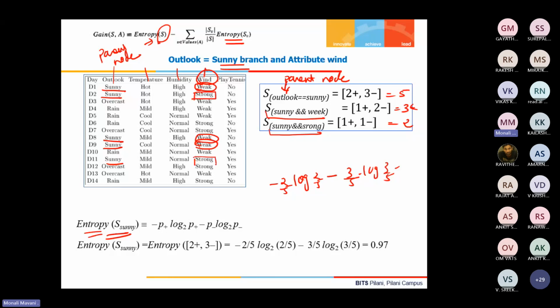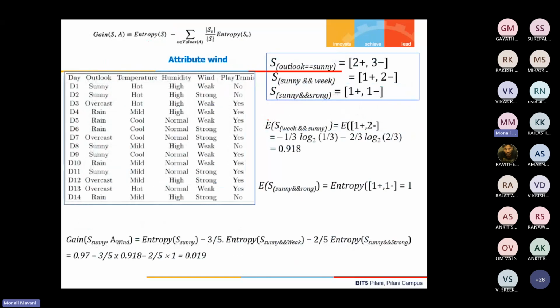Out of these 3 and 2 examples, how many belong to the positive class and how many to the negative class? Once I get these numbers straight, I use the same entropy formula, because my parent node is this and these 2 are the child nodes. I've already calculated the parent node entropy, 0.97. We have to calculate the entropy of both child nodes.